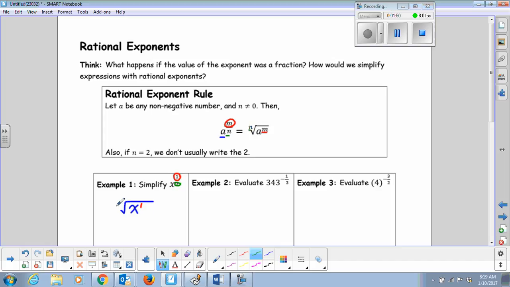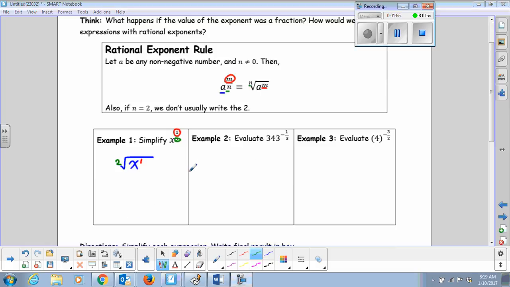So I'm going to have 2 in front of that radical. Having this all together in one color, I'm going to have the square root of x. And I am not going to write the 1, because any base that's written by itself, we should know automatically that the exponent means 1. So this is all I'm going to have for example 1.